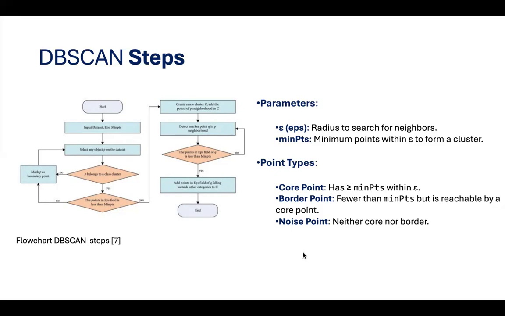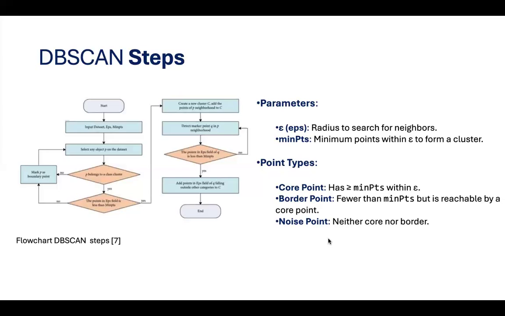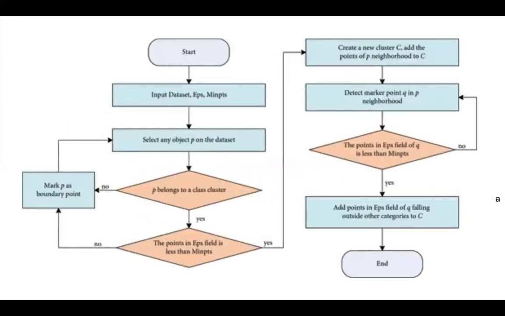And a noise point is neither core nor border. So this is the workflow: you select any point of the data set, then you mark the epsilon, and you categorize the points within the radius of this epsilon.